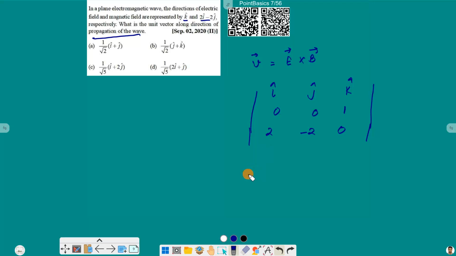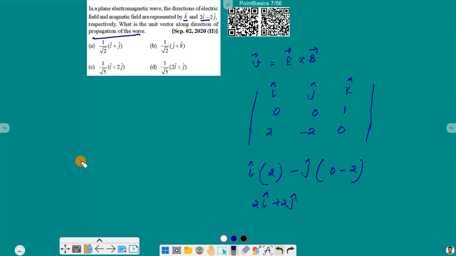If we solve for I, we will get 0 minus minus 2, so basically 2, minus of J, and for J we will get 0 minus 2, and for K we will get 0, so it will be 2I plus 2J.